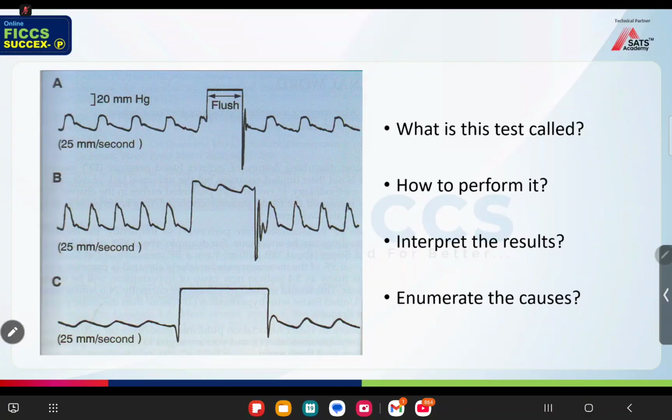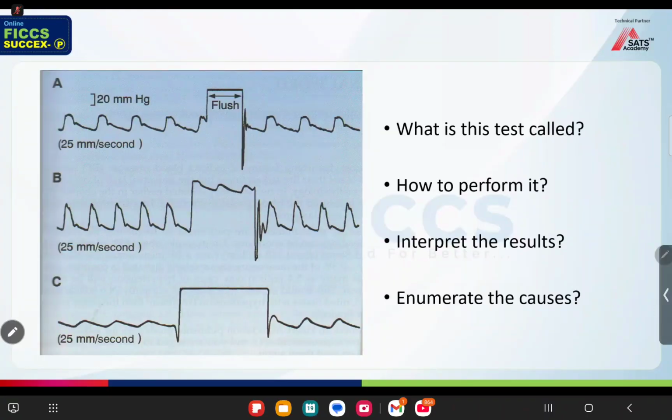What is the cause for underdamp? The underdamped waveform can be due to obstruction or a kinking of the pipe.